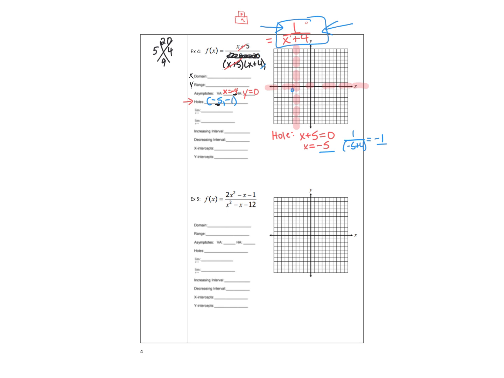Logically, from left to right, the -5 comes first. So -infinity to -5, close it. Then we have another stopping point from -5 to -4. We're stopping at -4, and then picking back up and going from -4 to infinity.